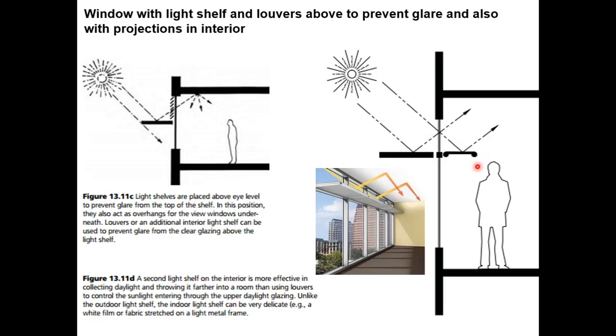The external and internal light shelf can be even better in terms of providing a larger area of diffuse light, so that can become a perfect solution for your commercial areas. Light shelves are placed above eye level to prevent glare also, so that is very important. And these light shelves will have aluminium or something like a reflective component which will reflect more of the light and give you more light.